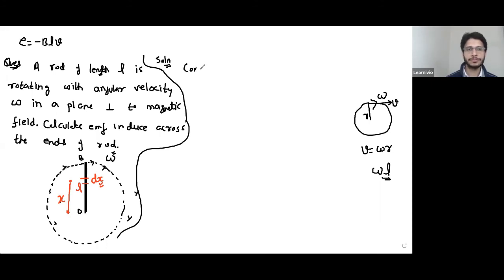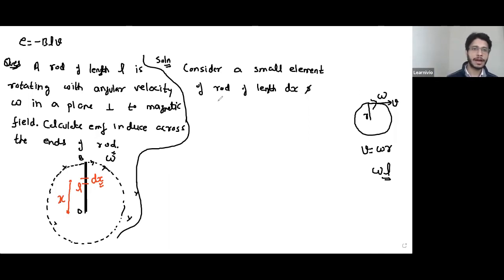So consider a small element of the rod of length dx and having angular velocity omega.